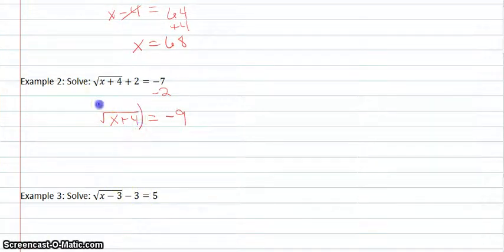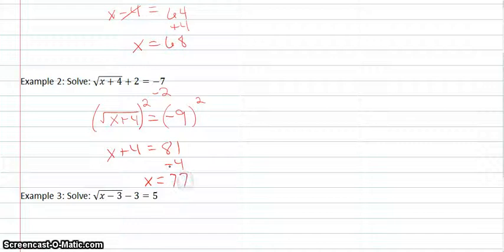Then we'll square both sides, so that x plus 4 equals 81, and then I'd subtract 4 to move it to the other side, so x equals 77.